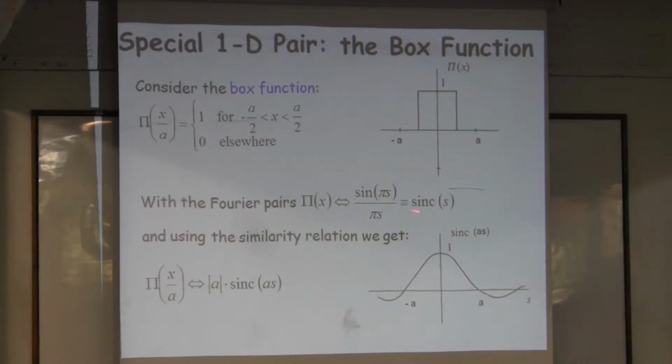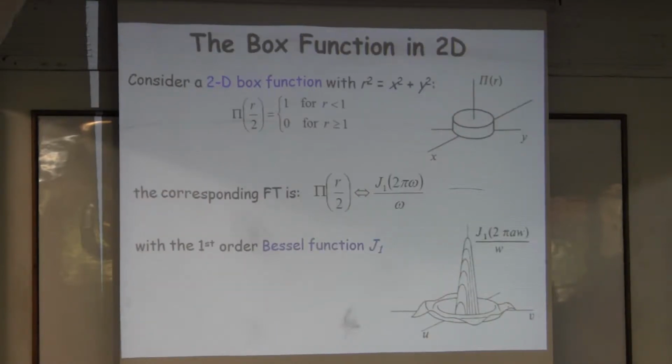Right? And the sinc function is simply the sine function of some argument divided by the argument. Okay? So with the similarity relation, the corresponding Fourier pair is this box function, and here the sinc function. This again is just what I said before.